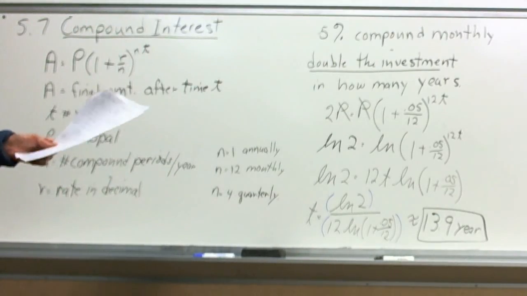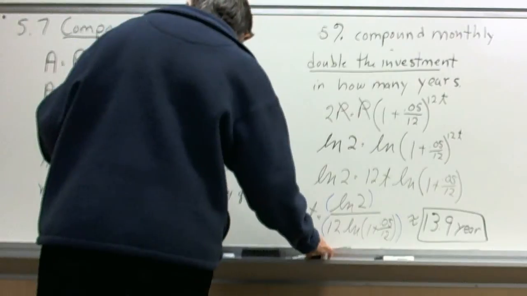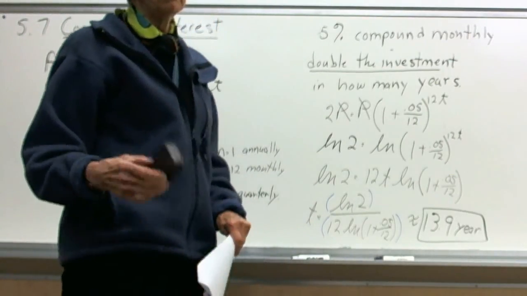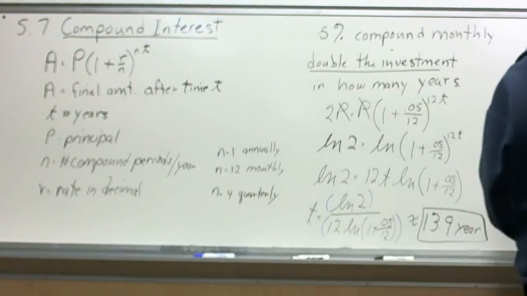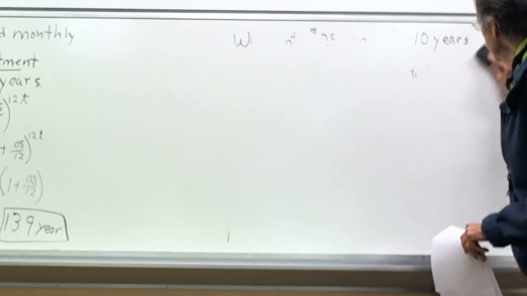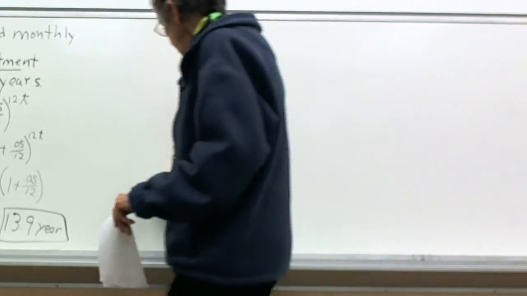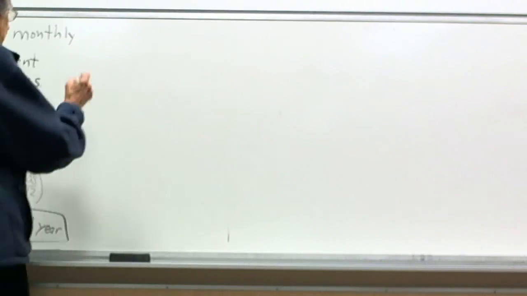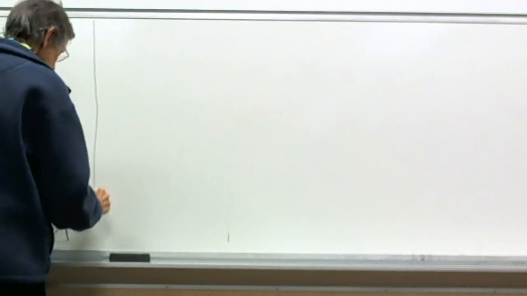Another type of problem we might have would be to compare different interest rates at different compounding periods over a given amount of time. And in order to compare those, we put in $1 for P and 1 year for T. So here is my quandary.